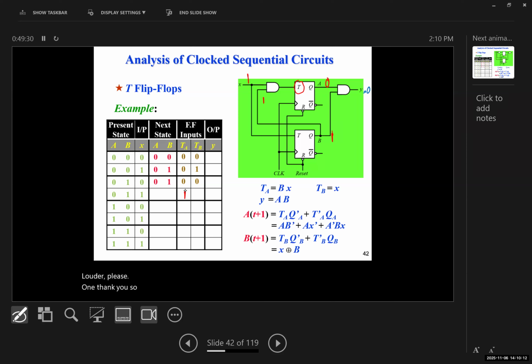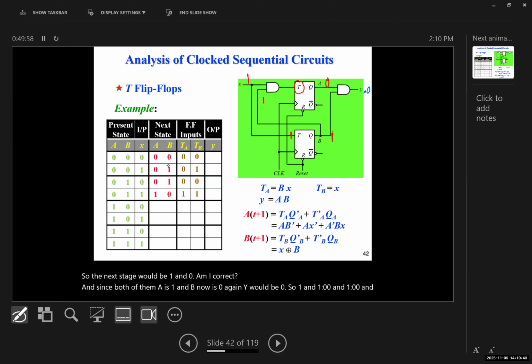What is TB? TB is also 1. What happens if TA and TB are 1 and 1? Both of them will be what? Toggled. So the next stage would be 1 and 0. Am I correct? And since A is 1 and B now is 0, again, Y would be 0. So 1 and 1 and 1 and 0.